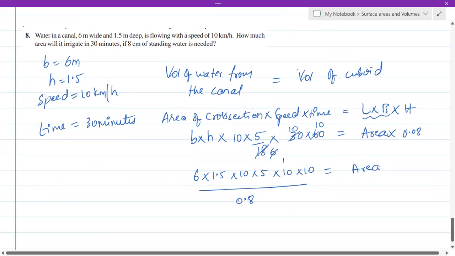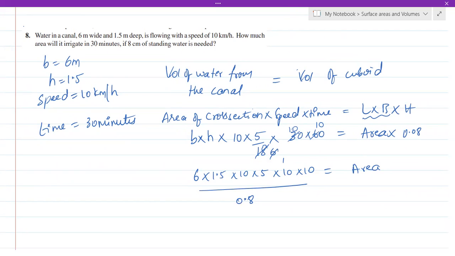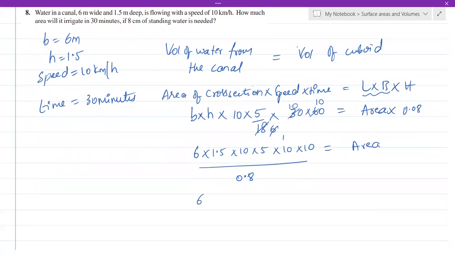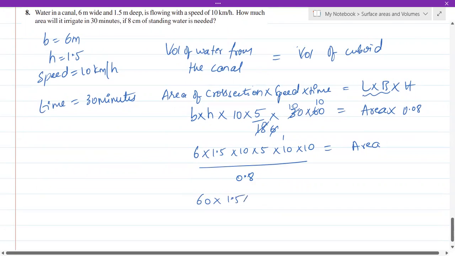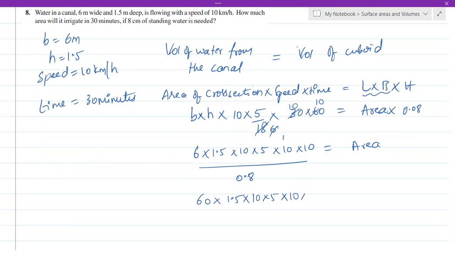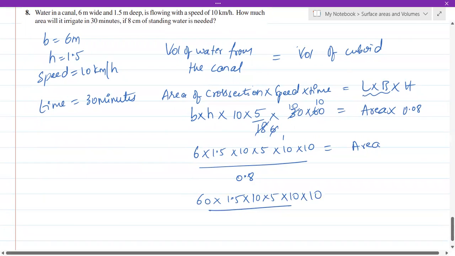So if I remove the decimal, I have to place one more zero in the numerator. So let's make it as 60 into 1.5 into 10 into 5 into 10 into 10 divided by 8. That will be equal to area. Here we can actually cancel 4 2s or 2 4s, 2 5s, 2 2s, 2 5s, 2 1s, 2 5s.